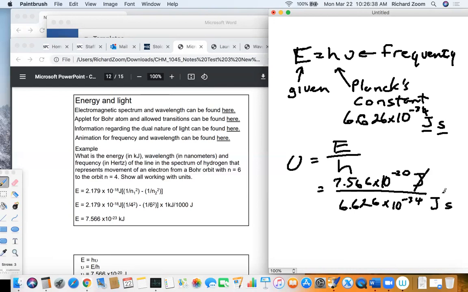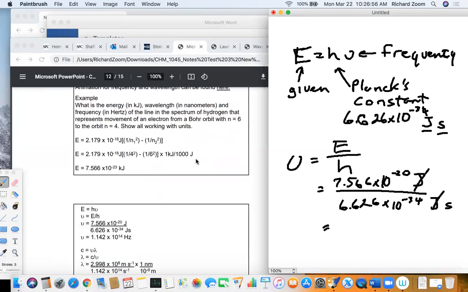So that means the joules will cancel. So notice that I've used the joule value and not the kilojoule value to get the energy in here. You'll notice that the final unit there will be seconds to the -1 because it's 1 over seconds. And that comes out to be 1.142 times 10 to the 14.